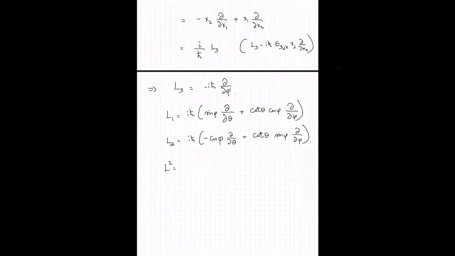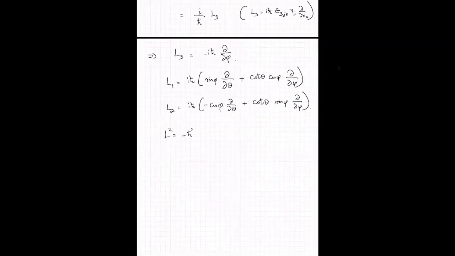So what is the L squared operator? L squared operator would be, now we can go ahead in these terms and simply calculate L1 squared plus L2 squared plus L3 squared and write down what the L squared operator is. L squared operator is basically minus ħ squared times 1 over sinθ ∂/∂θ plus 1 over sin squared θ ∂ squared/∂φ squared. Sorry, ∂ squared/∂φ squared.